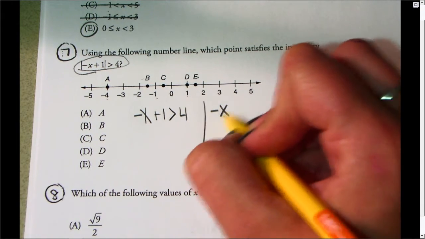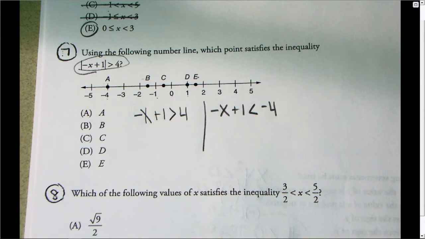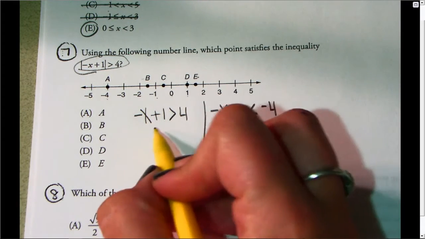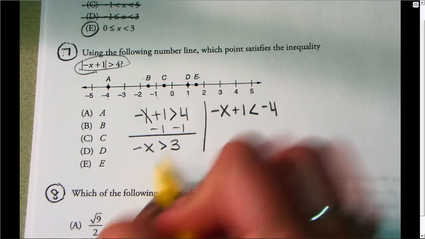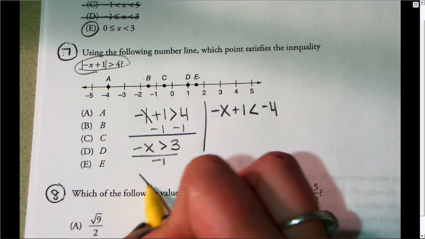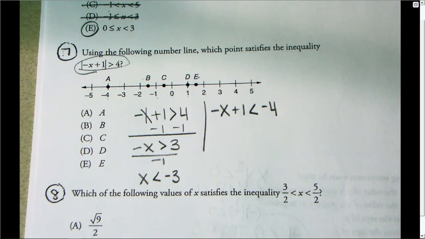Then I must write the same thing, but flip the inequality and change the sign. So I'm going to go ahead, earring just fell out. We're going to go ahead and solve for X, subtracting 1. Negative X is greater than 3. Divide by -1. When I do that, I must flip the inequality. I have to flip the inequality.